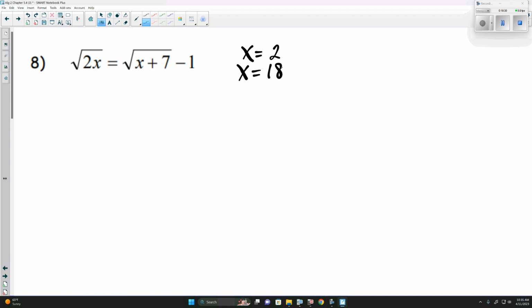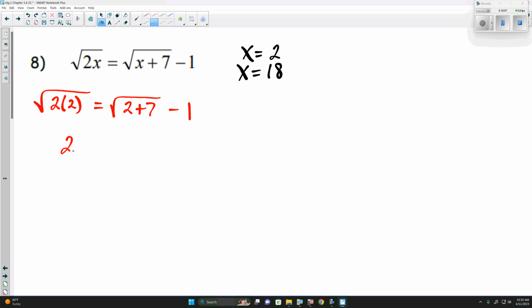And with most of these, it's always going to be good to check them, just to make sure. So on the one side, we have the square root of 2 times 2 is equal to the square root of 2 plus 7 minus 1. Square root of 4 is 2.